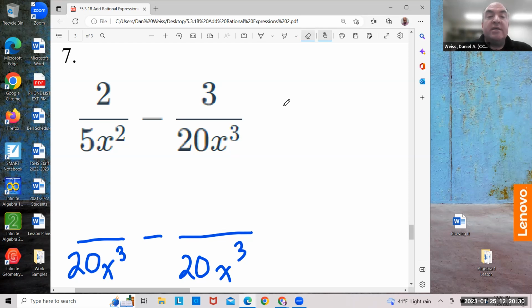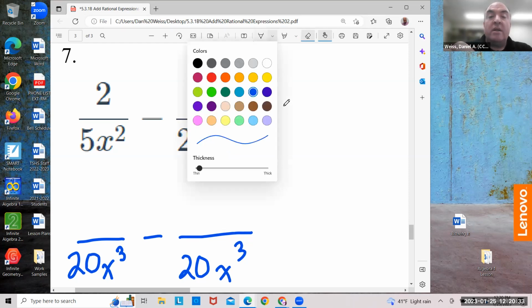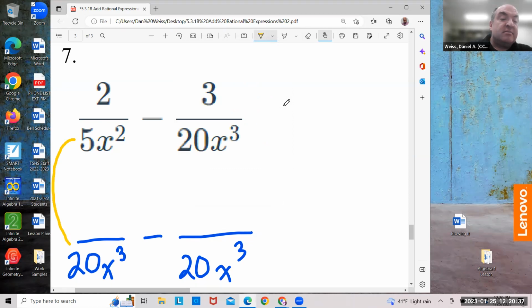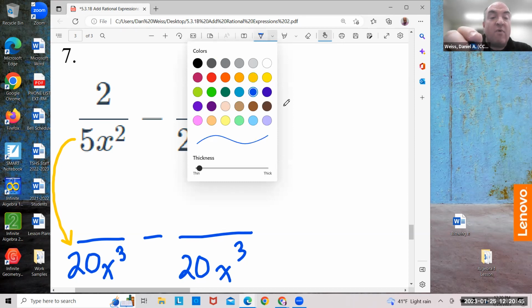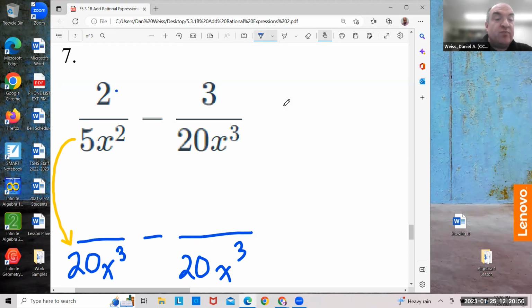No problem. So 5x to the second times what makes 20x to the third? Does it make sense that 4x times 5x squared makes 20x to the third? So if I multiplied by 4x, I'm going to take 2 times 4x and get 8x.